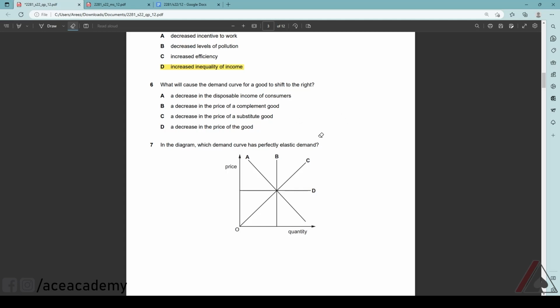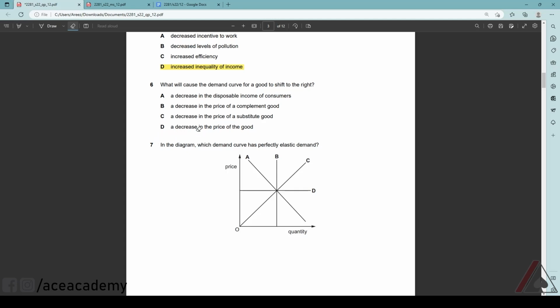If people buy more coffee, people would not want to buy more tea because they already fulfill their need with coffee. So there would not be a greater demand, there would be a decrease in demand, which would mean a shift to the left instead of the right. So C is also not your answer.